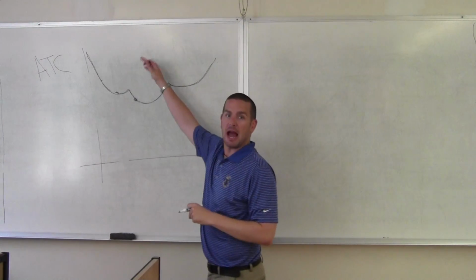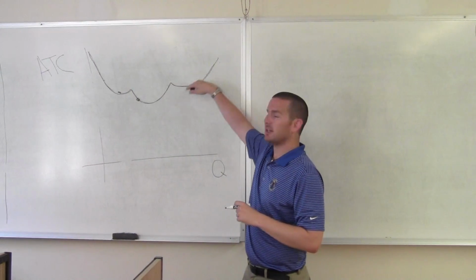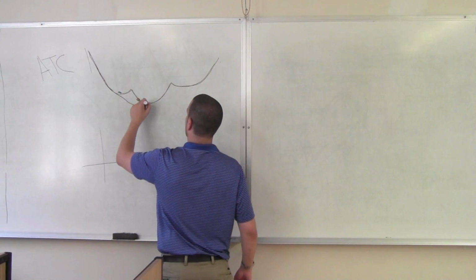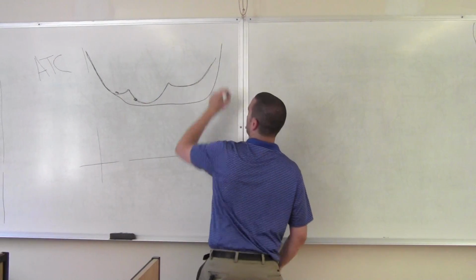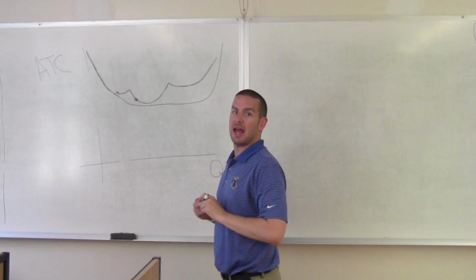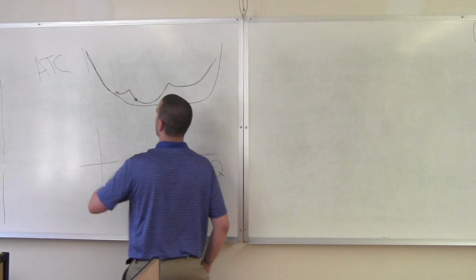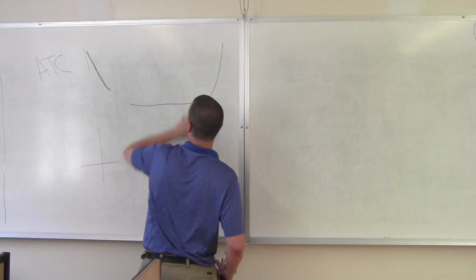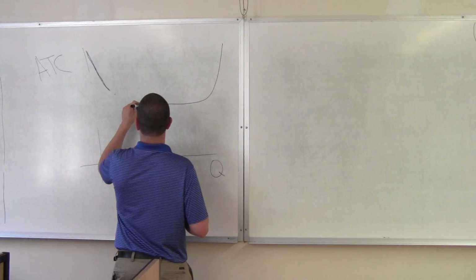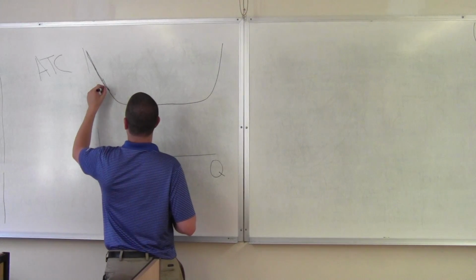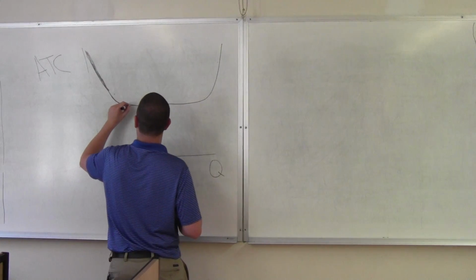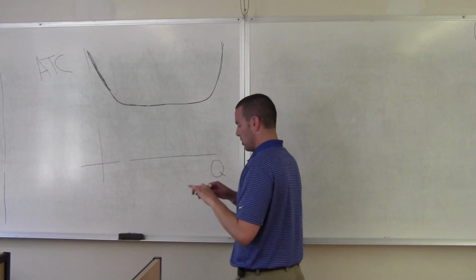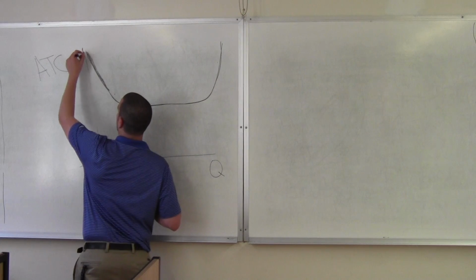This is where we were at, okay? Which you can already see is starting to take on the shape of the long run average total cost curve.